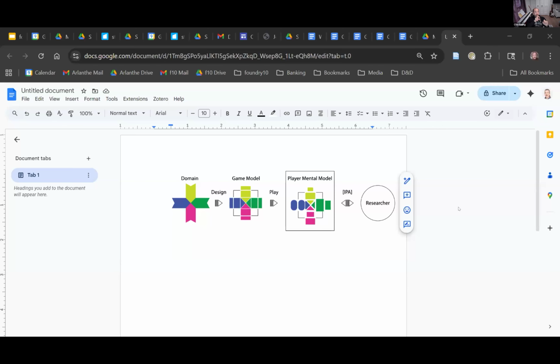So if I looked at that slide where you've got the black box, that's the player. What you need is the bridge that goes from the game model to the researcher. It allows you to surface things in the game, because that is open game data, right? But it's the unknowns of the game model.